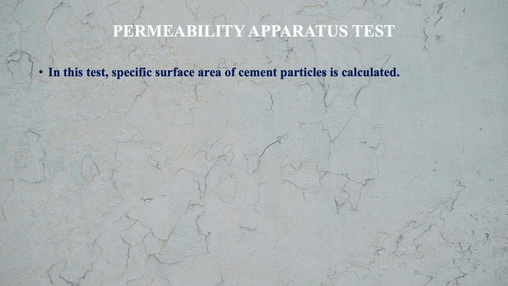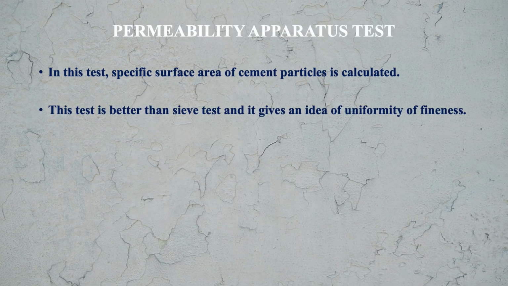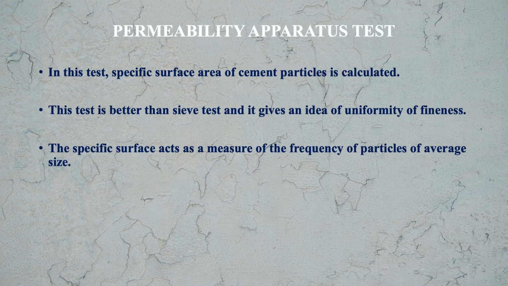Now, the permeability apparatus test. In this test, the specific surface area of cement particles is calculated. This test is better than the sieve test and it gives an idea of uniformity of fineness. The specific surface acts as a measure of the frequency of particles of average size.